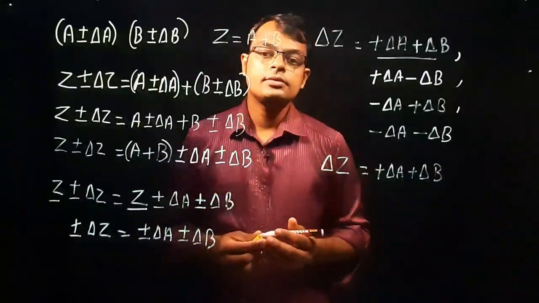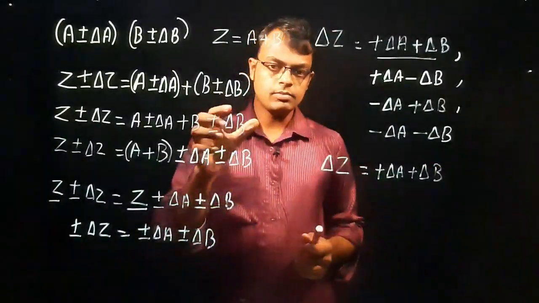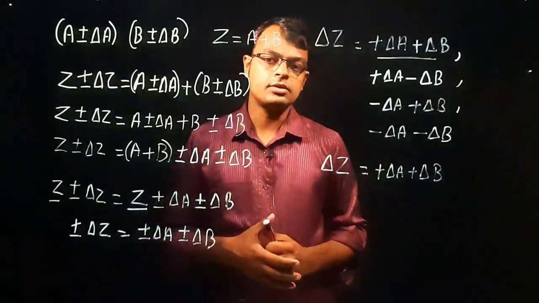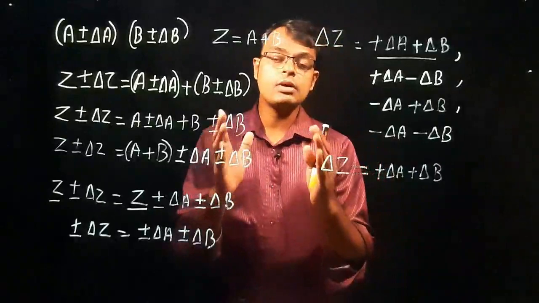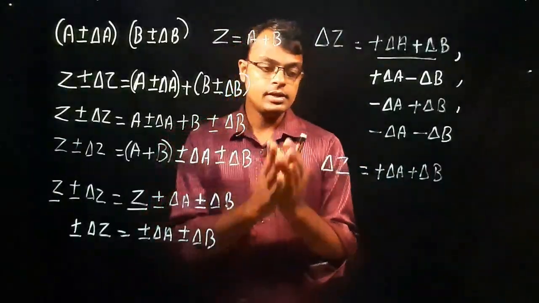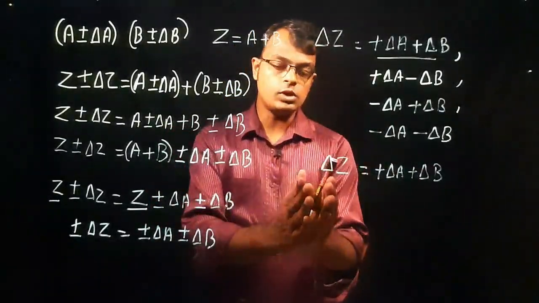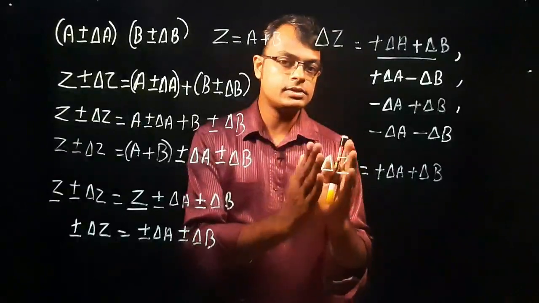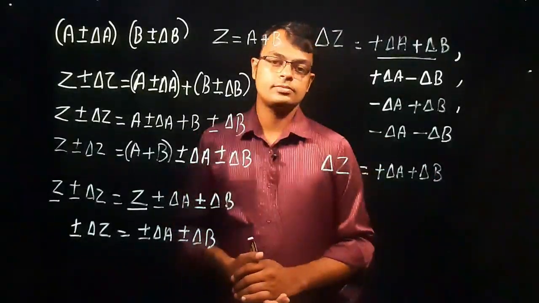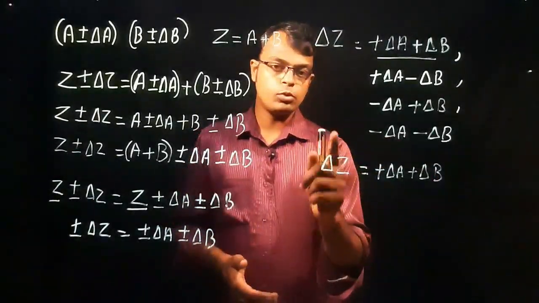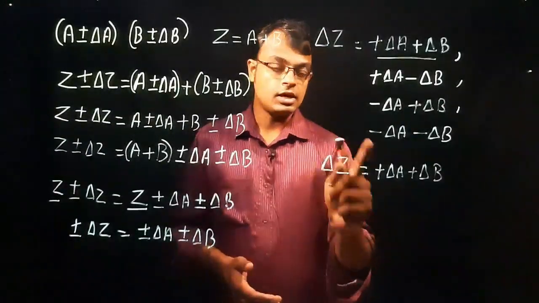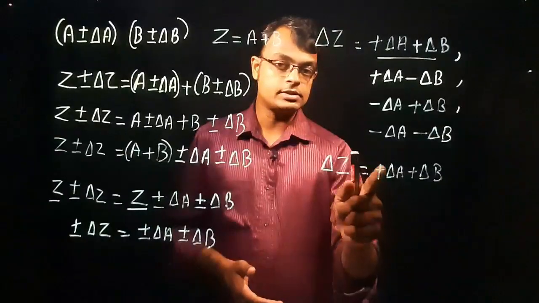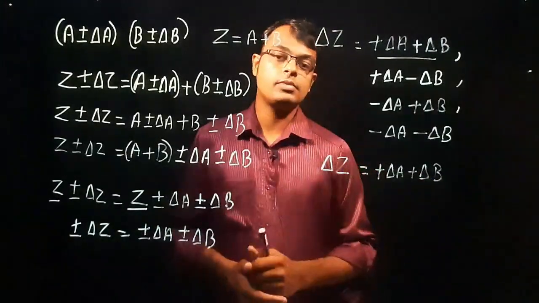So what is the meaning here? While you are doing a mathematical operation such as addition, the total absolute error, or the maximum possible error, in this measurement is equal to the sum of the errors in the individual measurements. The maximum possible error in addition is the sum of the errors in the individual measurements.